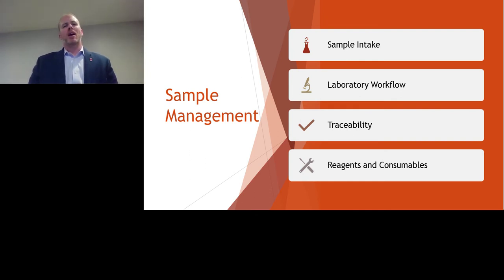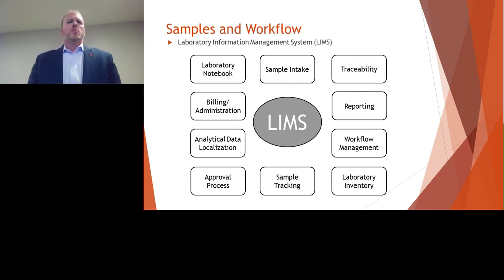So to do this, a lot of times you need technologies or software to help integrate within your laboratory a process to make this smooth and pretty seamless. A lot of times you use what's called a LIMS system, or Laboratory Information Management System. And this is really the heartbeat of an analytical lab.